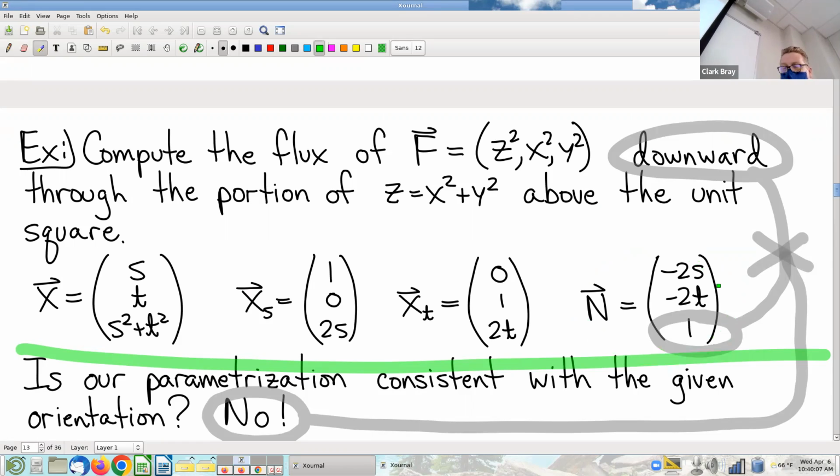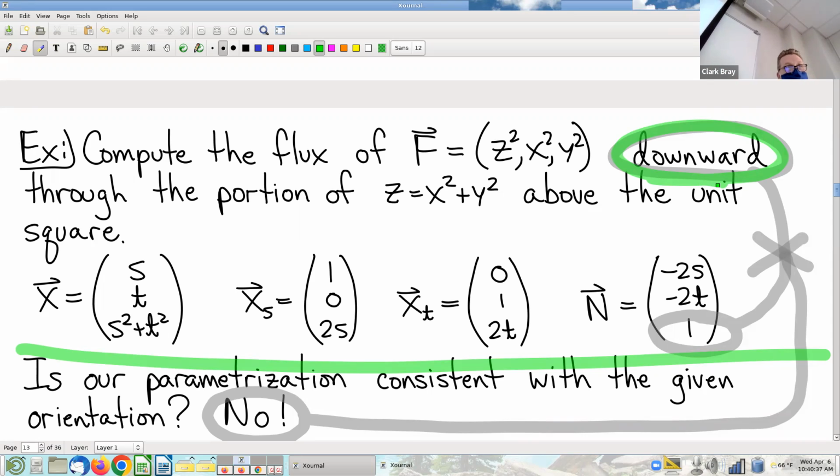Now, the language of how orientations are described is different for every surface, and I'm going to talk more about how to describe orientations with language in a couple of minutes here. But in this case, you see the surface was given as oriented downward. I'm going to say that downward means, okay, the z component needs to not be positive.